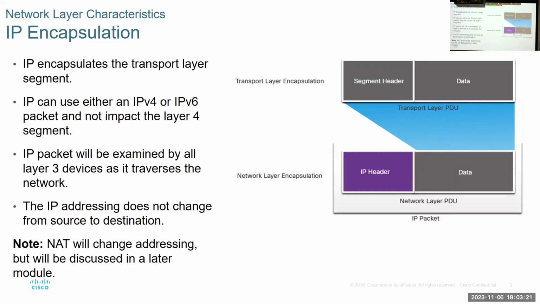It just stays whatever the source and whatever the destination. Of course, in reality, we know that network address translation does alter that, but it's usually only in one place, one router, and that's the gateway to the internet. Whatever router connects to the internet will usually do the NAT. But other than that, there are no additional changes to the IP header, the network layer header.